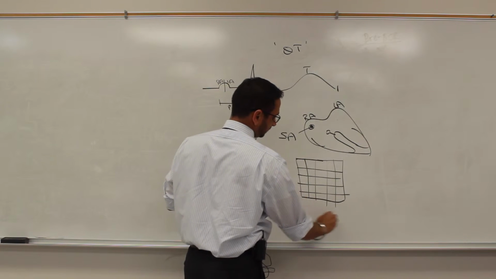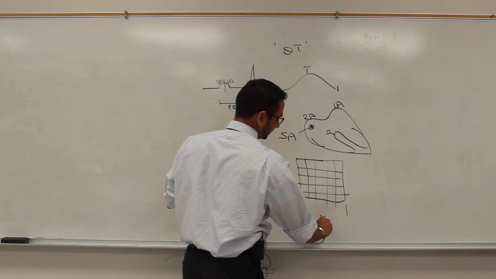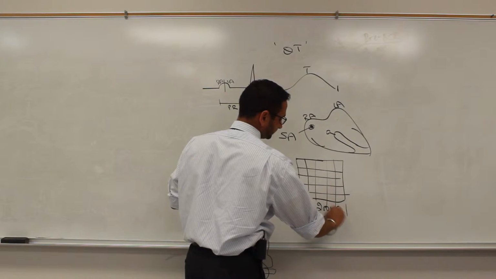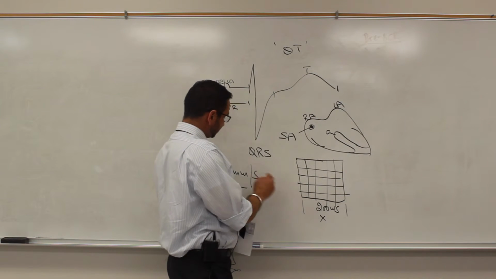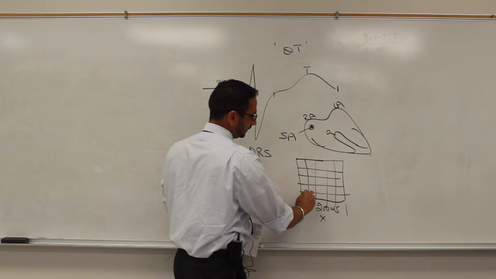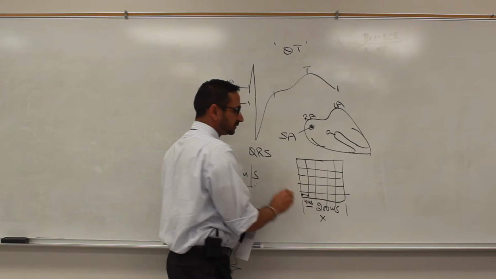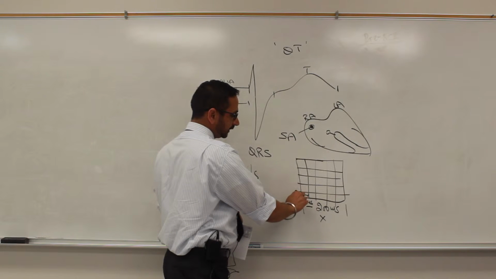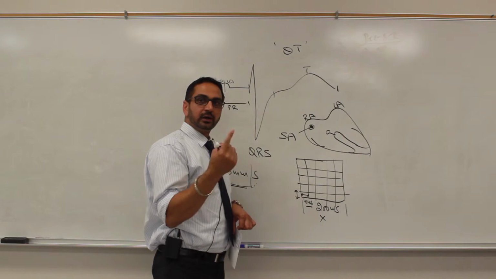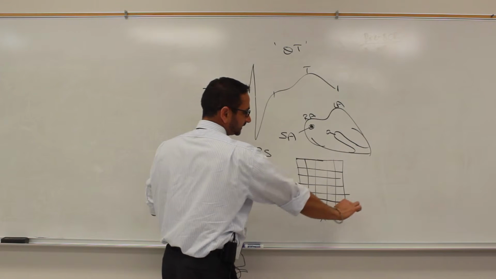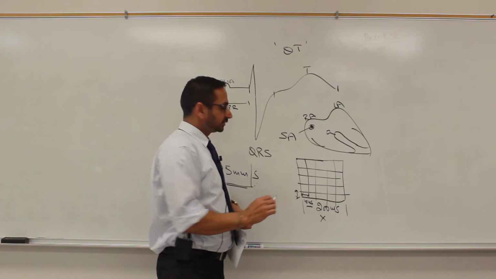From here to here on the x-axis is 200 milliseconds. Because the paper speed is 25 millimeter per second, each small box is 40 milliseconds. Each box is 1 millimeter on the x-axis and 1 millimeter on the y-axis, so it's 1 millimeter square. So one big box on the x-axis is 200 milliseconds.